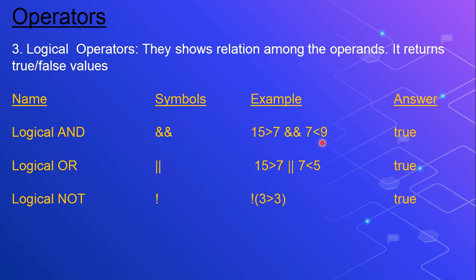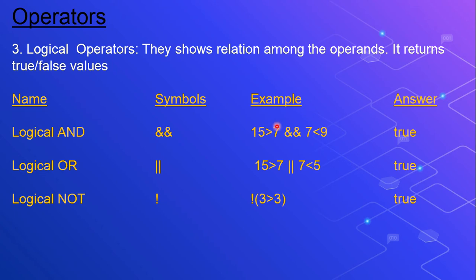Now see this part. 7 less than 9. 7 is less than 9. Yes. So both parts are true. That means the AND operator will give you true. In the case of the AND operator, if you want to evaluate to true, then both the expressions should be true.